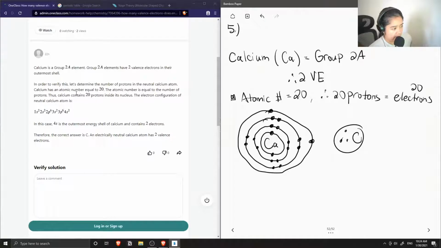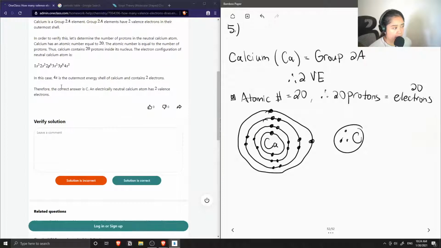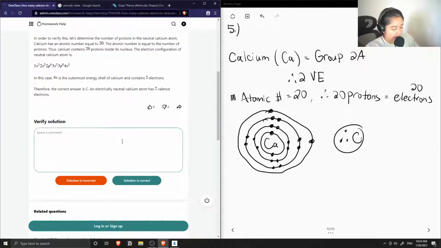Calcium has an atomic number equal to 20, so its atomic number is equal to the number of protons. Thus, calcium contains 20 protons inside its nucleus, and they drew out its electron configuration. Since 4s is the highest and outermost energy shell of calcium, it contains 2 electrons. So therefore the correct answer is C. Yep, so this solution is correct.